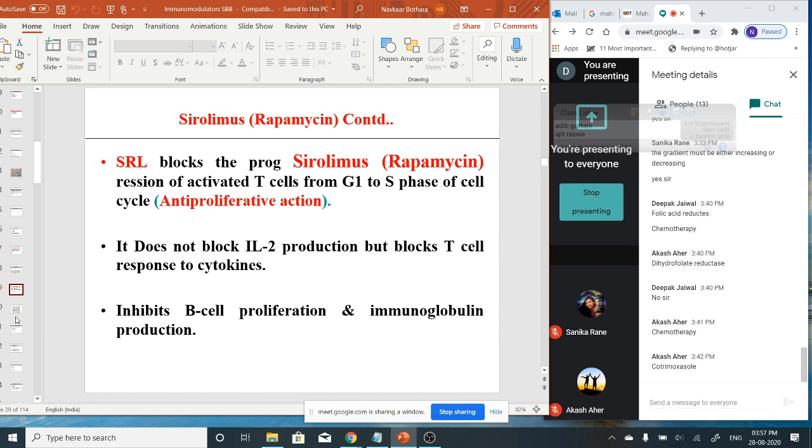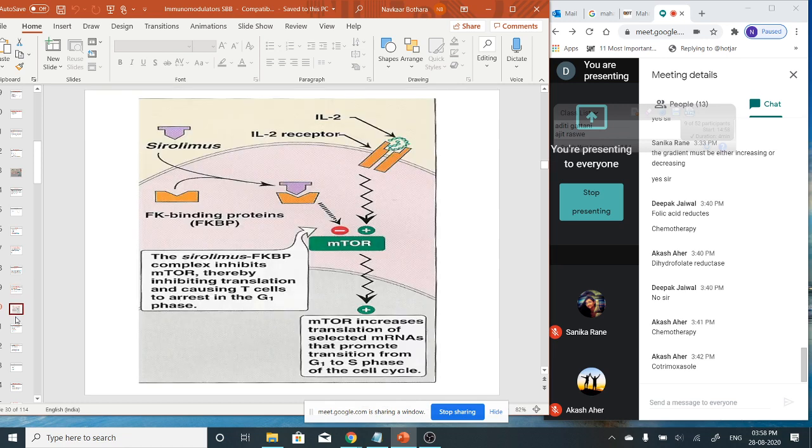Again, it will be seen. It does not block interleukin 2 production, but blocks T cell response to cytokines. Means the cells will not have a proper response to the cytokine. It will inhibit B cell proliferation and immunoglobulin production. Okay, and because of this, the action will be shown.